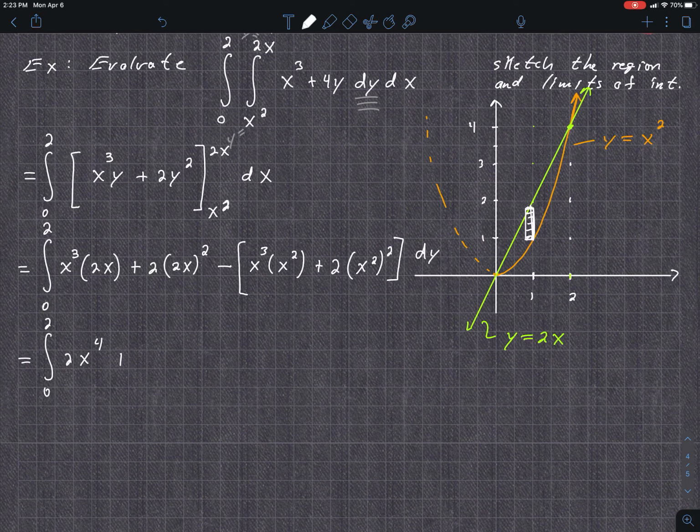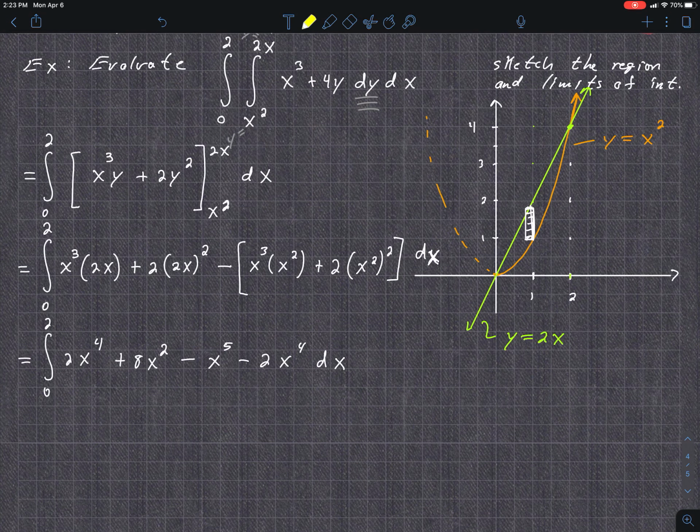Integral from 0 to 2. So this is 2x to the 4th plus, that'll be 4 times 2 is 8 x squared minus x to the 5th minus 2x to the 4th. And then you still say dx. There should have been an x back here.